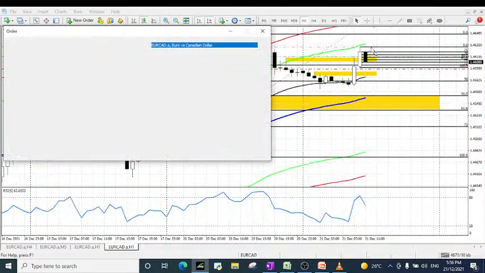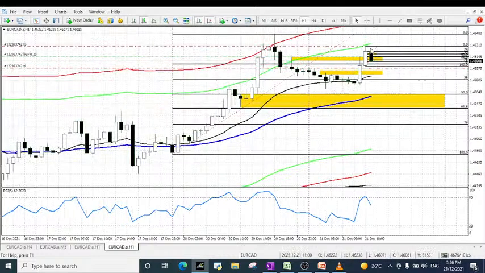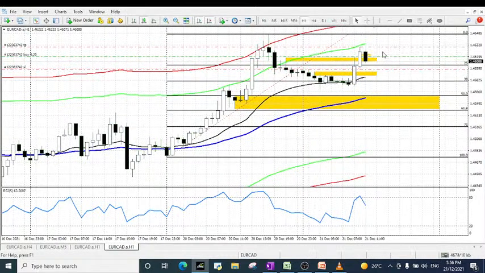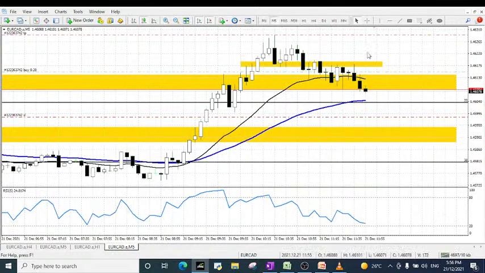It's a scratch. I don't think the target will be reached. But let's see. 4 minutes to go, and we move on to the next thing.